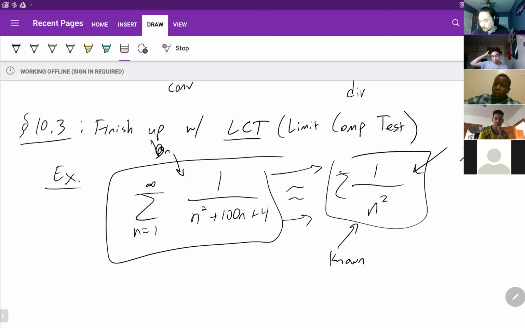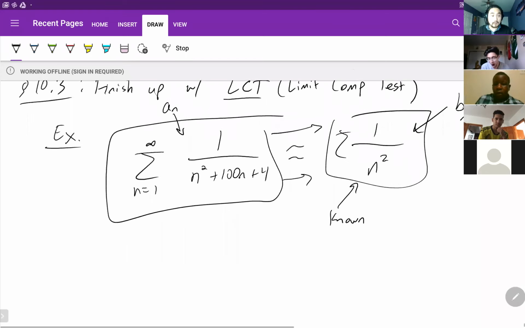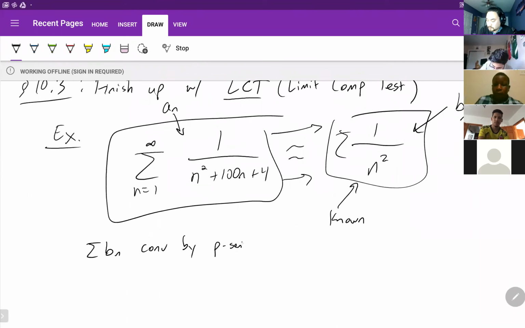So once again, I'm going to put this as A sub n, and this one as B sub n. So I'm going to start writing stuff that I know. I know the sum of B sub n converges by P series, right? I'm building my case here, building my argument.